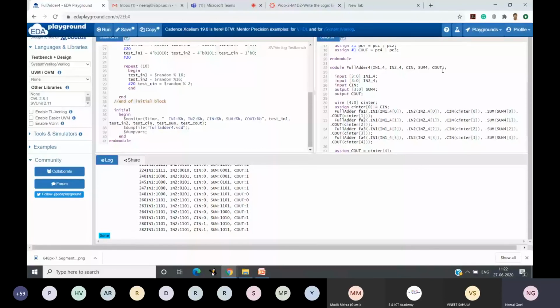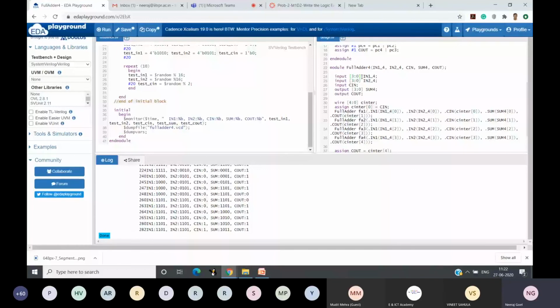Okay, so somehow we have to tell that this input, this particular parameter, is actually a 4-bit input. So whenever we are declaring them, we are saying that this is input and this is of type vector, bit vector. Remember this is a bit vector, which means that these are a combination of 4 bits, not a combination of 4 integers, because the default data type here is bit.